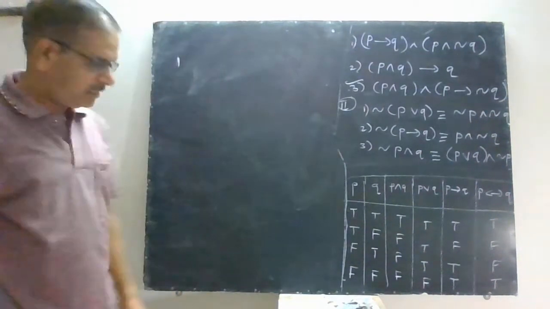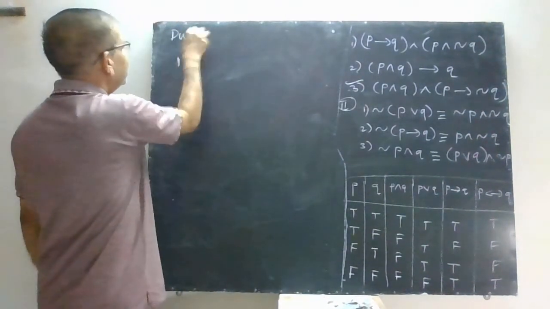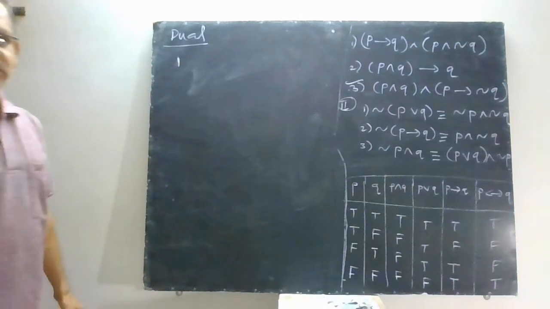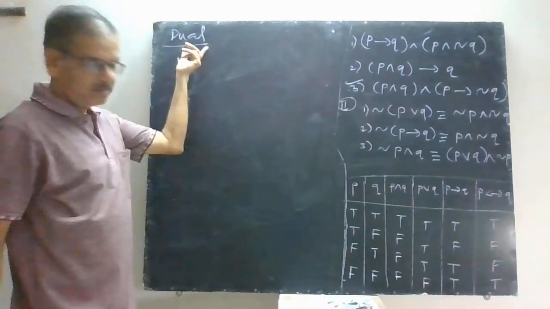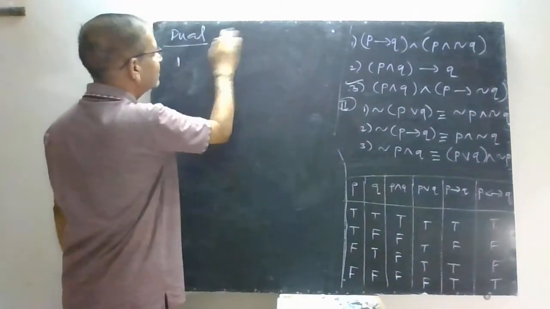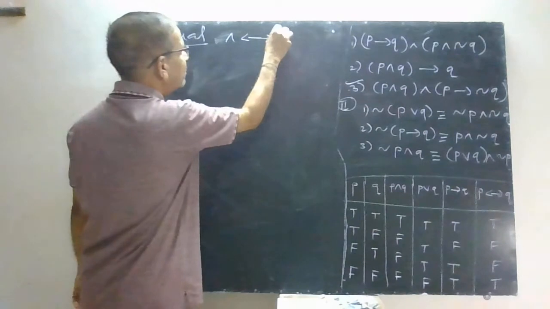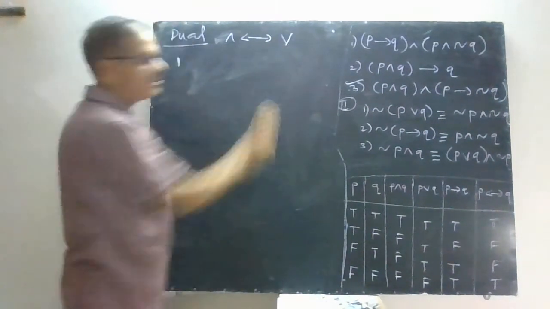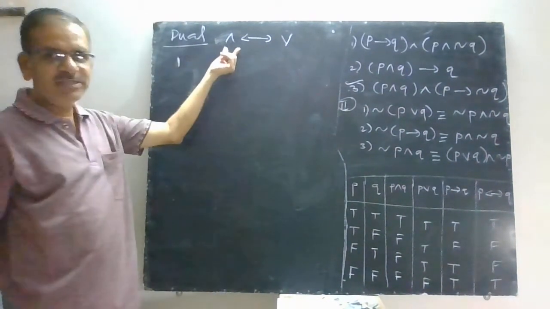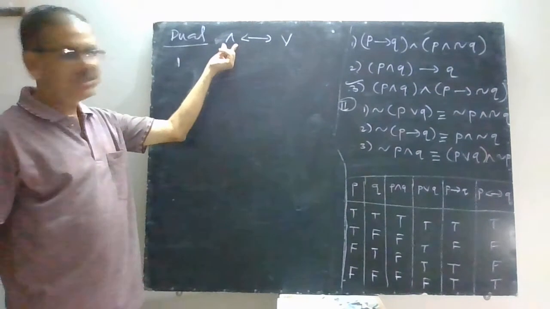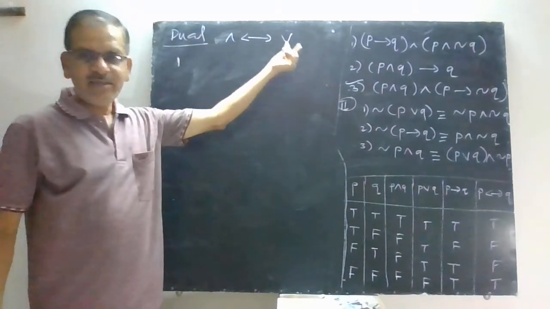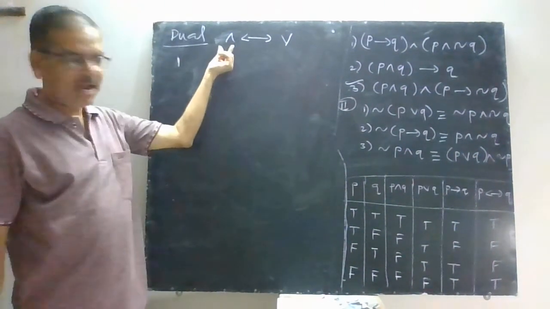Now you can take one more point: how to find the dual of a given statement pattern. There are 2 or 3 things you have to remember. AND and OR are replaced. So in the given statement pattern, if AND is there, you have to replace it by OR, and if OR is there, you have to replace it by AND.